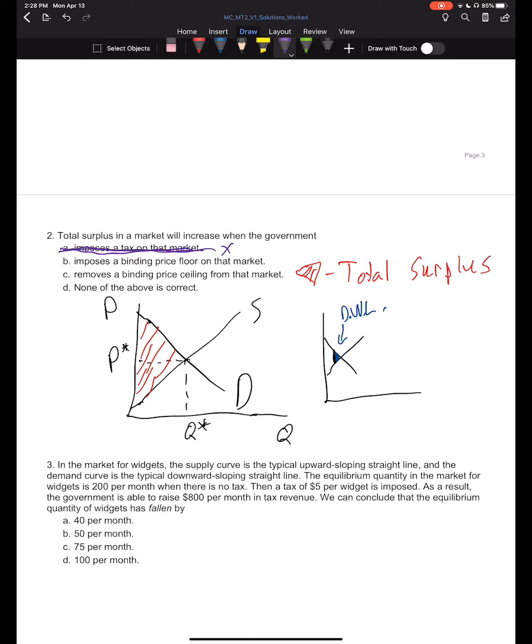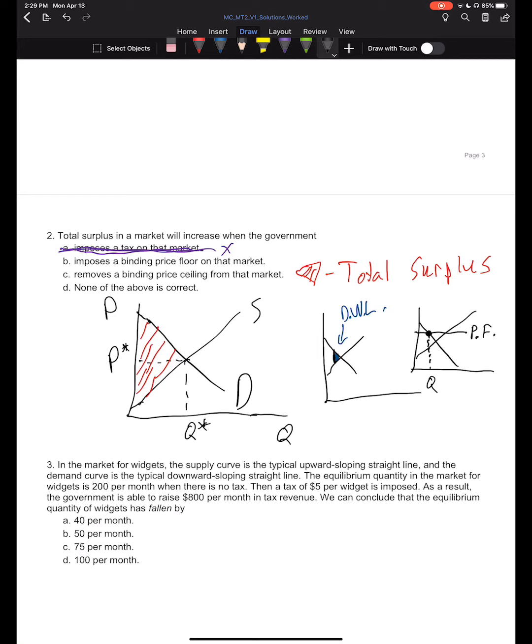If they impose a binding price floor on that market, well, if we go ahead and we look at this and we say, okay, here's a binding price floor. Remember, price floors bind when they are above equilibrium. Well, again, we can only ever get surplus from products that are actually consumed.